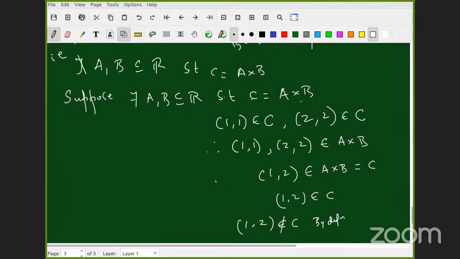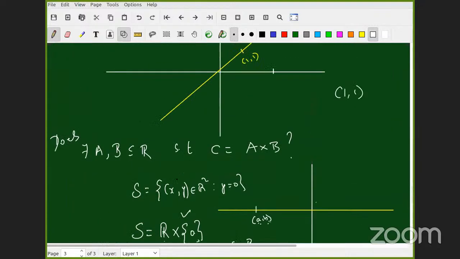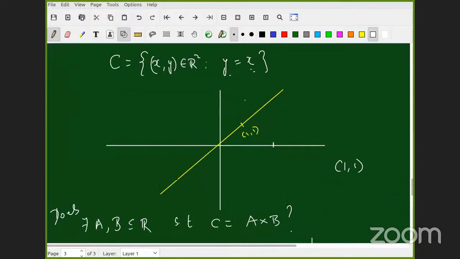I'm giving you 20 seconds. Have you understood the proof? What is the proof? We started with some set, namely the line y equal to x, and I have named it as C. The set C is just the line y equal to x. What is it that we have proved? You understand the statement, and then the details of the proof.